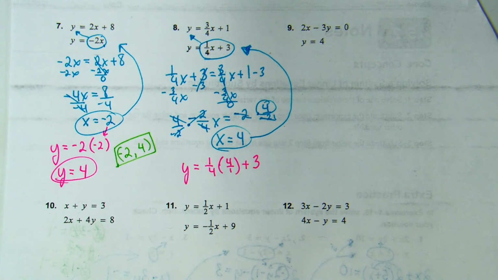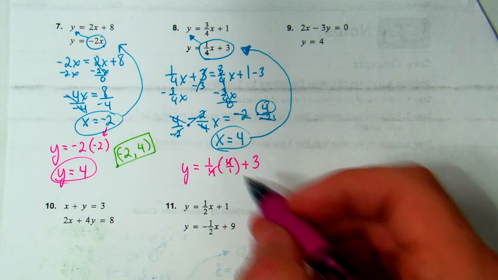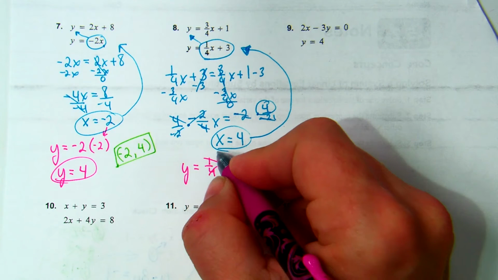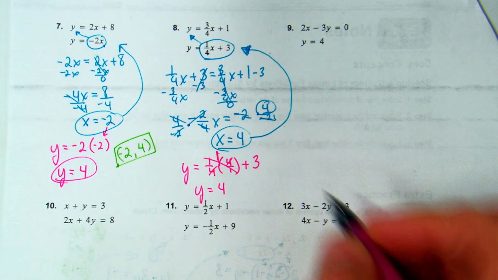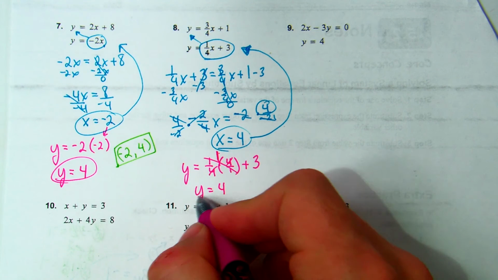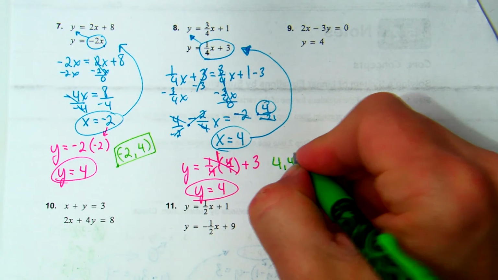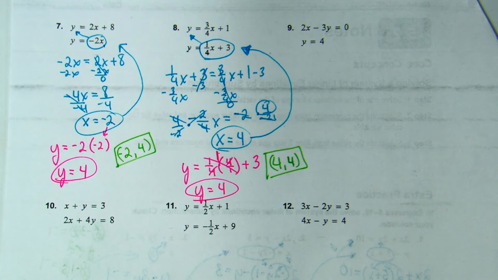Well, 4 times 1/4, the 4's are just going to end up becoming a 1, because 4 over 4 is 1. So this whole thing becomes a 1, and 1 plus 3 is 4. So both y and x values end up being 4. Our solution is 4, 4 to this system of linear equations. And we could plug those back in and check those as well.